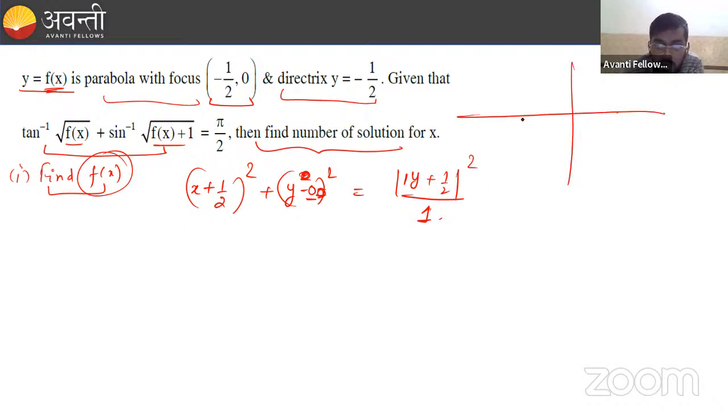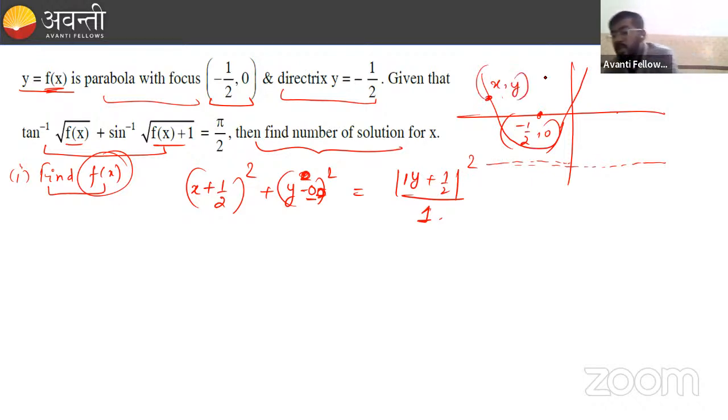So here the focus is given as minus half comma 0, and the directrix is the line y equals minus half. This line is the directrix. So the parabola will look something like this. Any point on this parabola is x comma y.